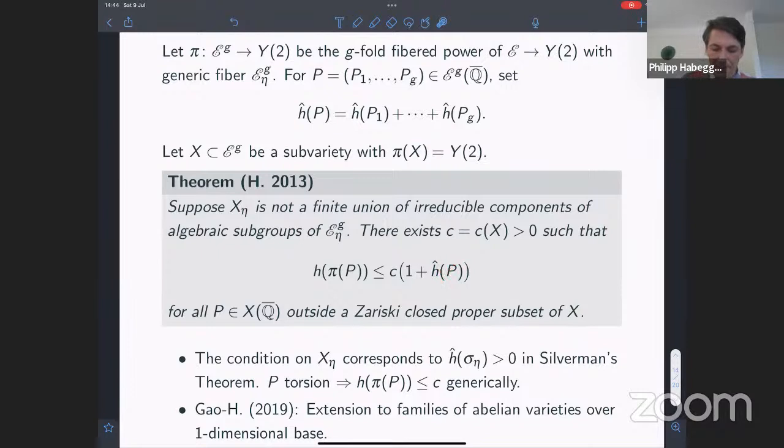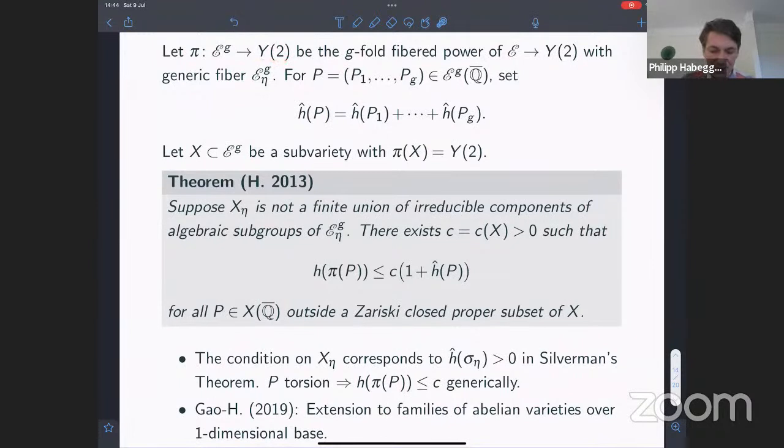So we get a bound for the height on the base for torsion points in the fiber, and that is one way to approach certain unlikely intersection type problems in these families of Abelian varieties. So this is for the family of Legendre elliptic curves, or powers of the Legendre elliptic curve, over a one-dimensional base.